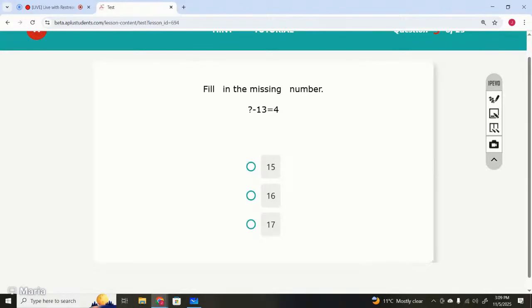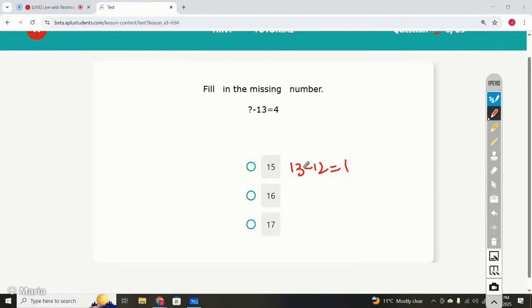Fill in the missing number. So the missing number minus 13 equals 4. What number is it? Start with the first option, right?